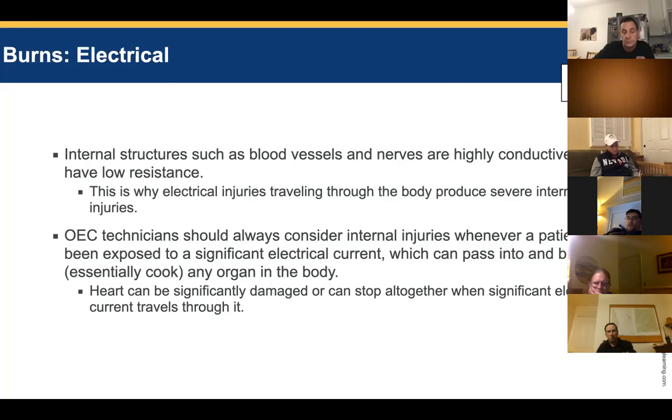So again, scene safety, kill the source of the electricity. Might need help from people that know the equipment.